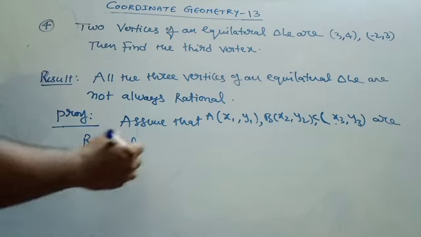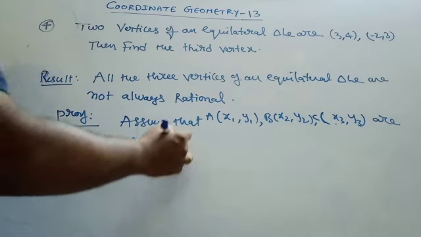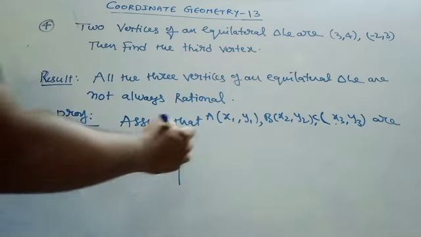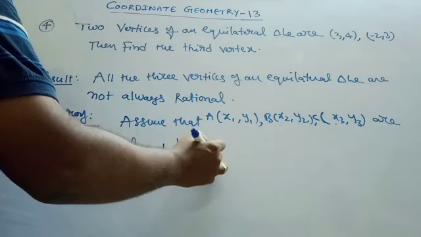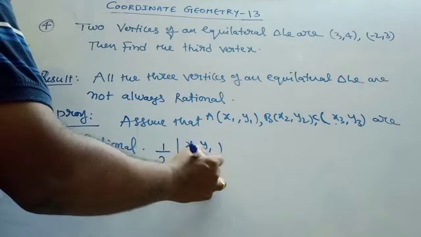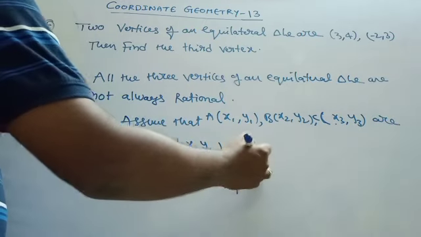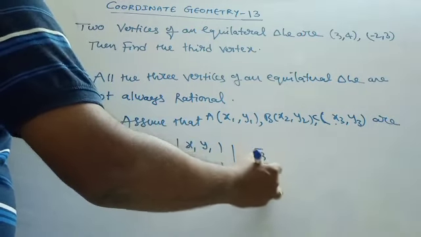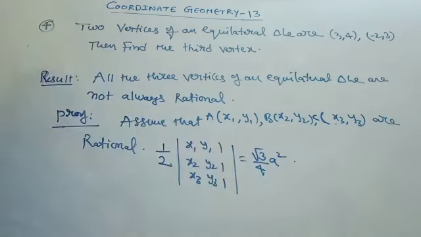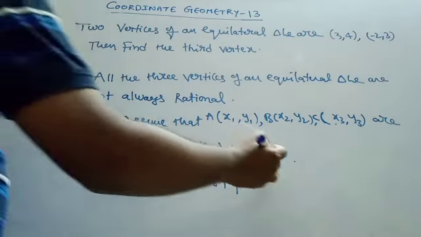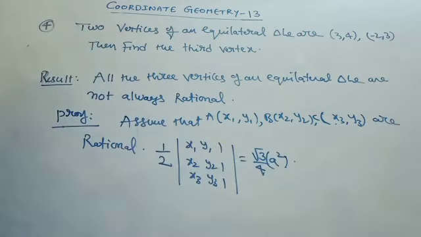Then the area of that particular triangle is nothing but, we know the formula, the determinant of rows (x1, y1, 1), (x2, y2, 1), (x3, y3, 1), with half in front. That should be equal to root 3 by 4 a square, root 3 by 4 into the side of the equilateral triangle squared.